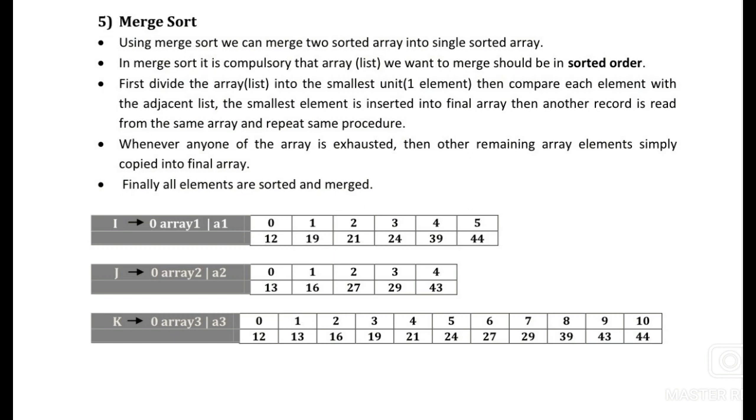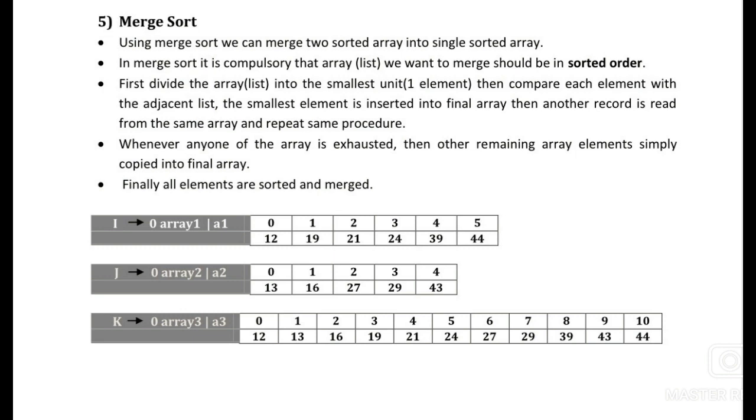Here given a sorted array as data, this data is an unsorted array, not a sorted array. So here 12, 19, 21, 24, 39, 44.